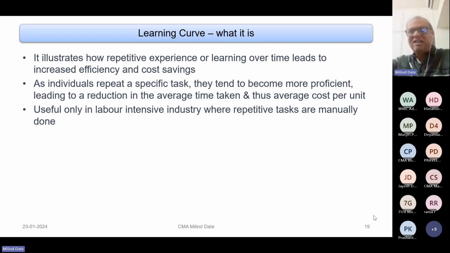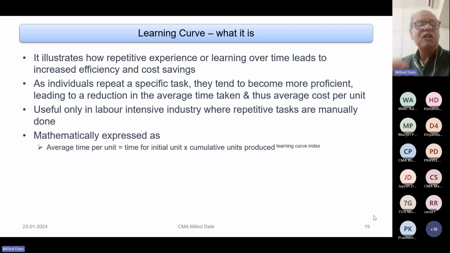First unit took 100, second unit took 80, total hours 180, total production 2. So the average cumulative time is 90 per unit. That's how the concept used to work. But as I said, it's very difficult to apply this concept in a useful manner nowadays because of the very high level of automation.